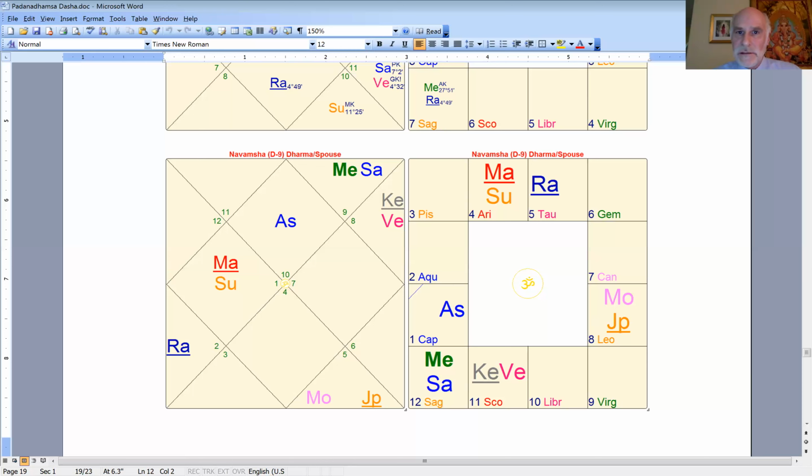So it's just a beautiful and brilliant illustration of Jaimini principles, and in particular, the timing of his great success and fame as an author with the Padanadhamsha Dasha.